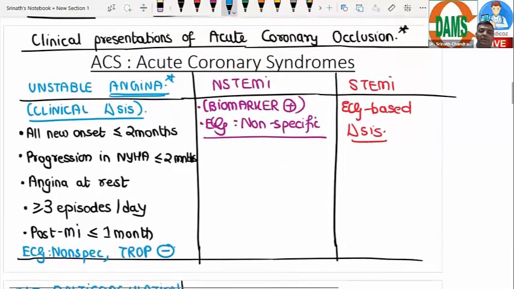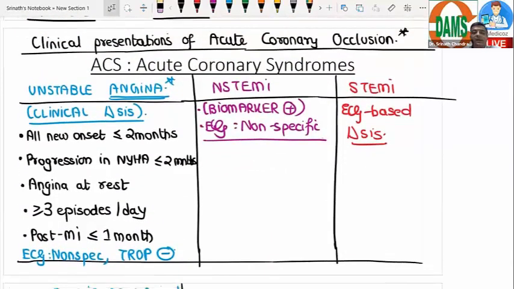So taking you up. So what is clinical coronary syndrome? Clinical presentations of acute coronary occlusion are the unstable angina, NSTEMI or ST elevation MI. So patient comes with chest pain, which is typically angina.